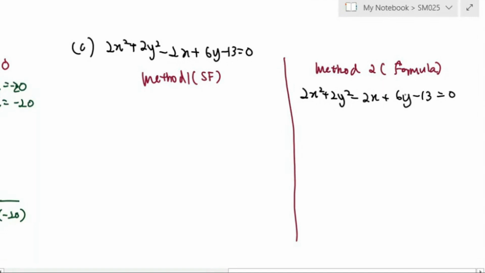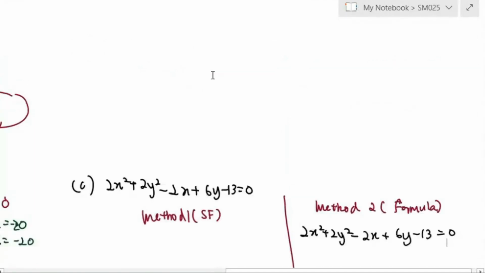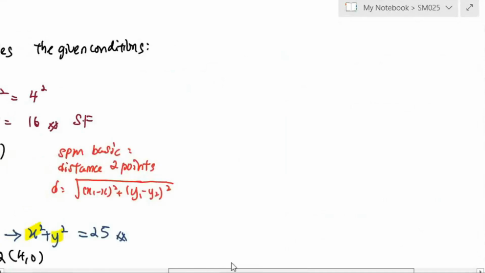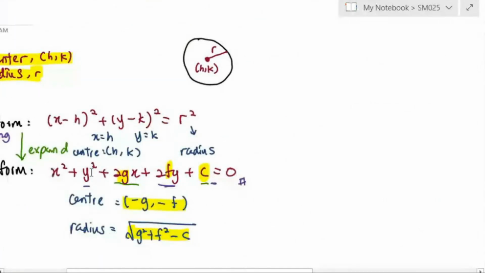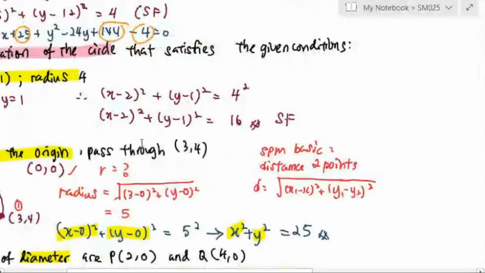Okay, so our standard form, you notice that in the beginning of the questions, our standard form starts with x squared and y squared. It doesn't give you any coefficient, not ax squared, by squared, just x squared and y squared.